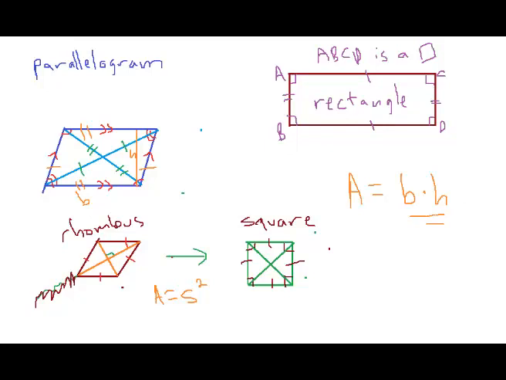And finally, I've got one more type of quadrilateral, four-sided figure, that I would like to introduce to you, and that is the trapezoid, which I'm going to bring to you as soon as I can draw a straight line.